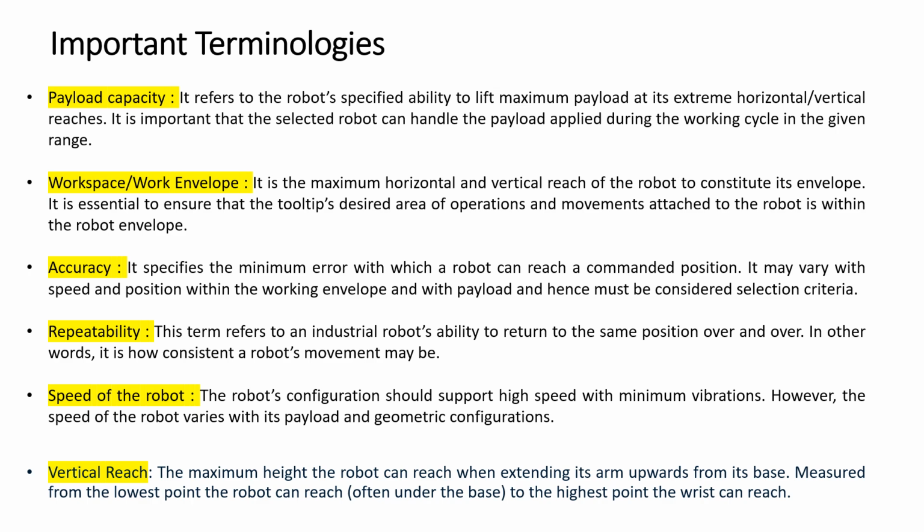That means it refers to its ability to return to the same position again and again, because generally when you are using a robot, it will be working in cycles. It has to go from x point to y point, then again come to x point, then again go to y point. So that is your cycle.